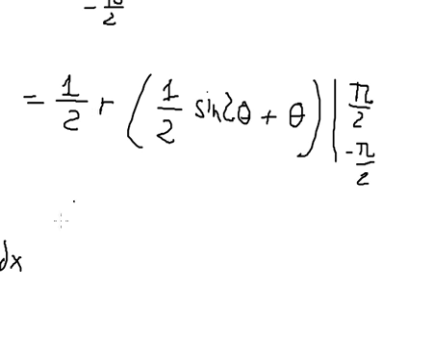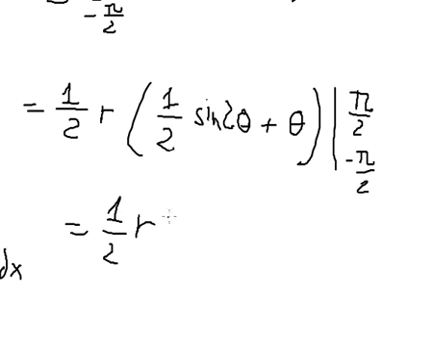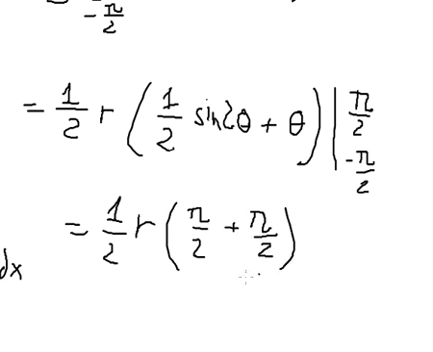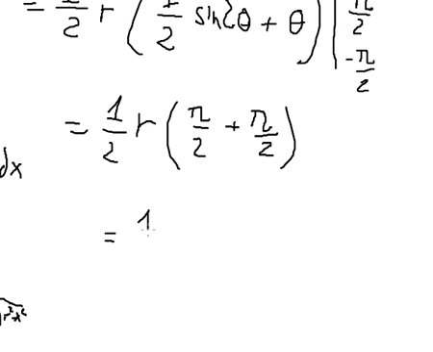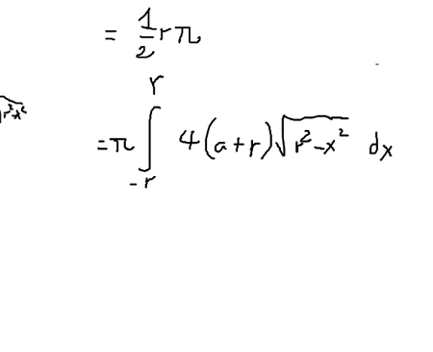And then we just have 1/2 of pi/2 minus negative pi/2, so we have positive pi. This one, we just have 1/2 of pi.